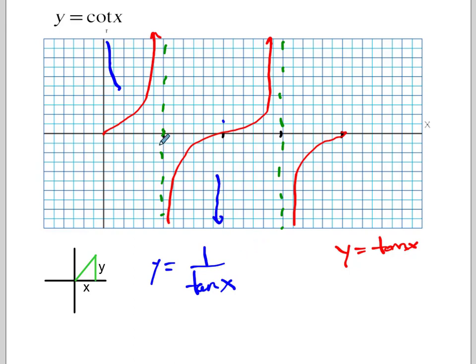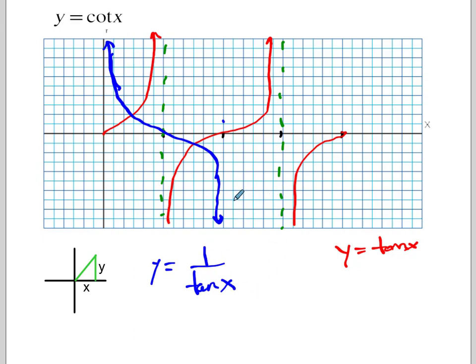Okay, and then as we approach the asymptote of the original tan x, what we're going to find is that we can actually pass through that point. And there's our graph, or a starting point of our graph for our cotangent x, or our 1 over tan x.